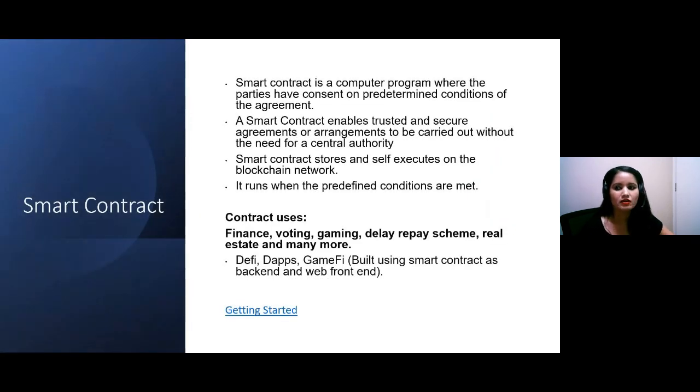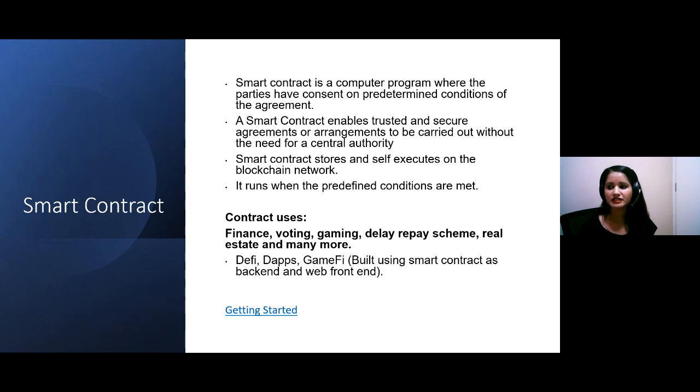So today we will develop a smart contract using the C# language and Visual Studio. Before going to the demonstrations or the hands-on, I would like to introduce what a smart contract is. A smart contract is a computer program where the parties have consent on predetermined conditions of the agreement.